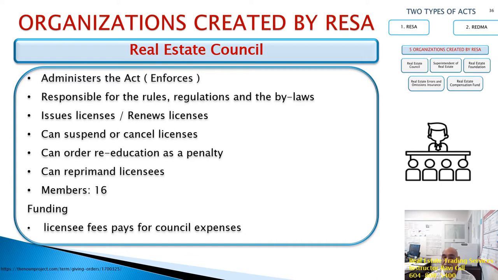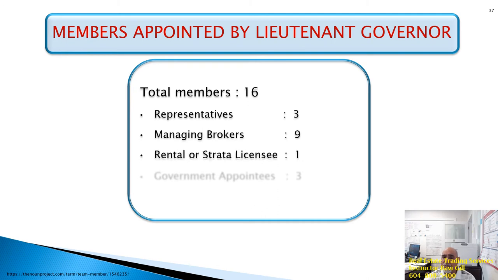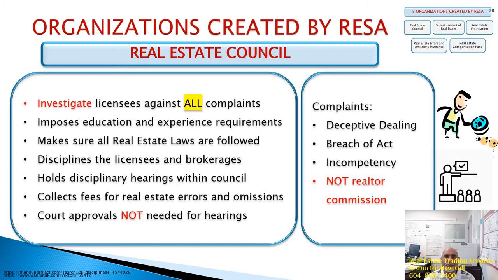In terms of the 16 members, I wouldn't start memorizing what the 16 total add up to, but I have seen once or twice an exam question asking how many reps, but really the memorization is 16 members. Okay, more information about the council. They can investigate licensees, meaning reps, managing brokers, and brokerages, anytime, of all complaints except any complaints to do with realtors' commission.